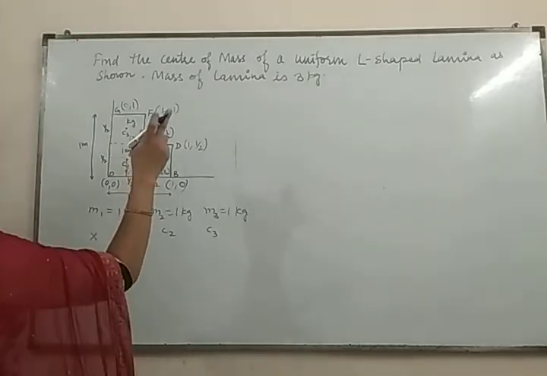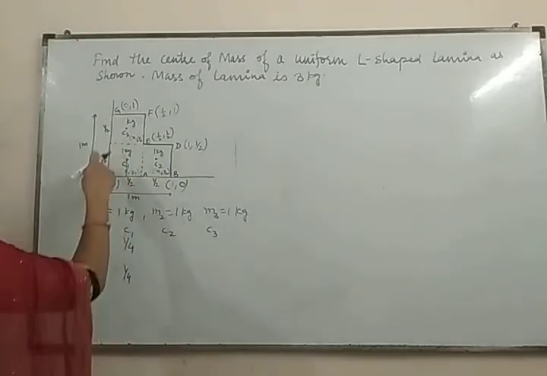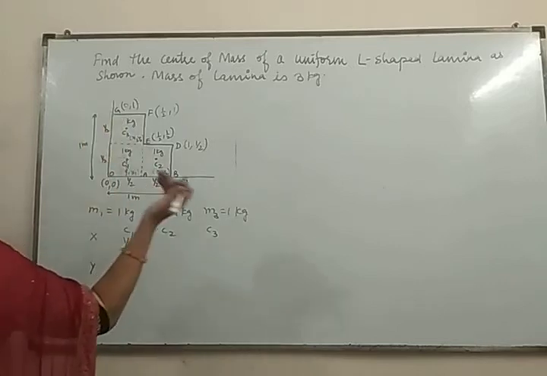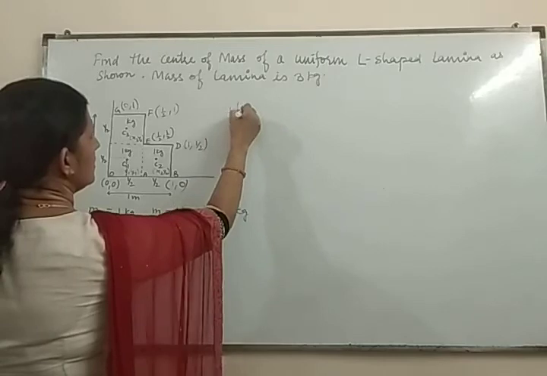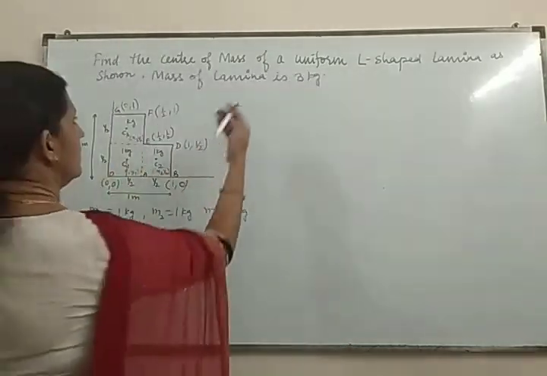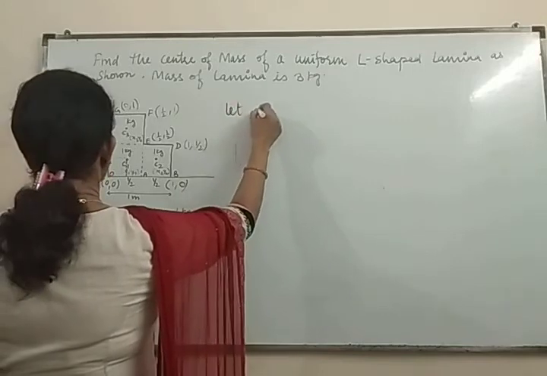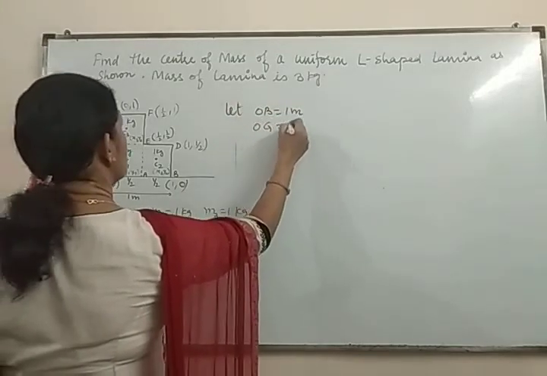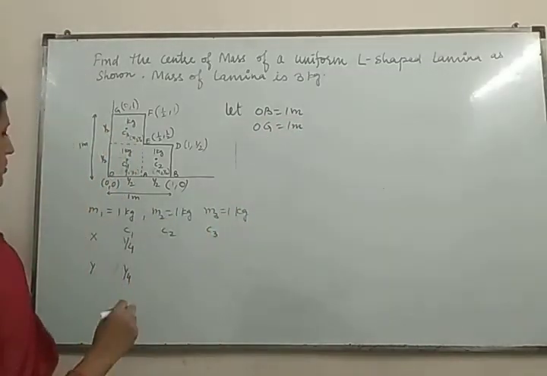Because the dimension is not given for the length, you can take it as 2 meter or you can take it as 1 meter. I mentioned here, let OB be equal to 1 meter and OG also 1 meter, the total value.